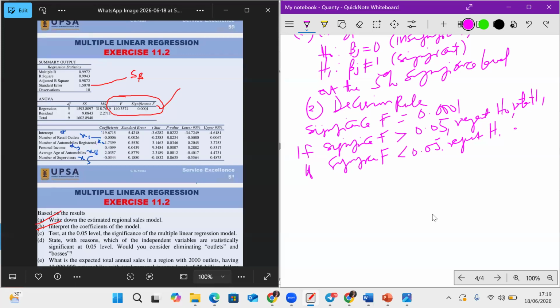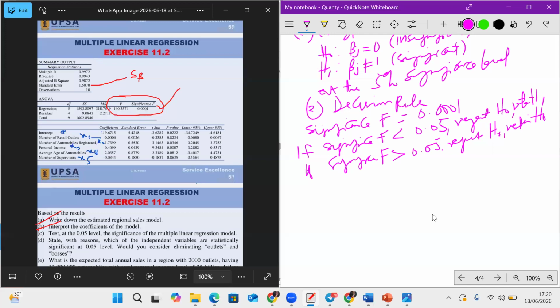Okay, hold on, I've just swapped it. Let me make it this way: if it is less than 0.05, reject H0, retain H1. If it is more than it, reject H1, retain H0.